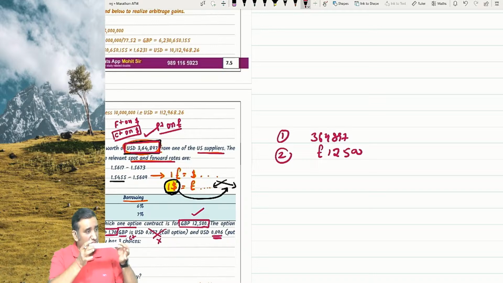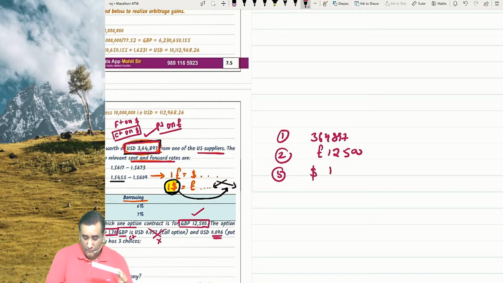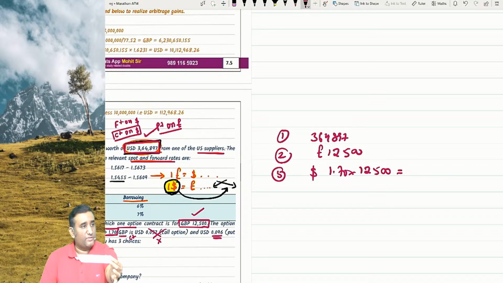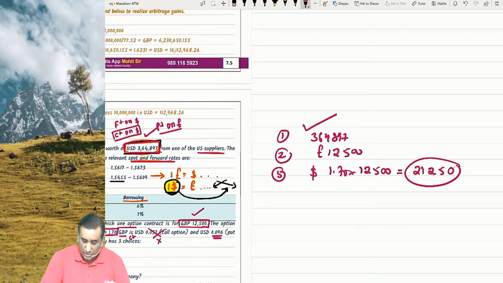Basically I have these shares, 12,500. I'll give it to them, and they'll give me with respect to that how much? 1.7. That means they'll give me how many dollars? 1.7 into 12,500. That means I'll give you one box of pound of 12,500. You'll return back to me a box of dollar, which will be 21,250.